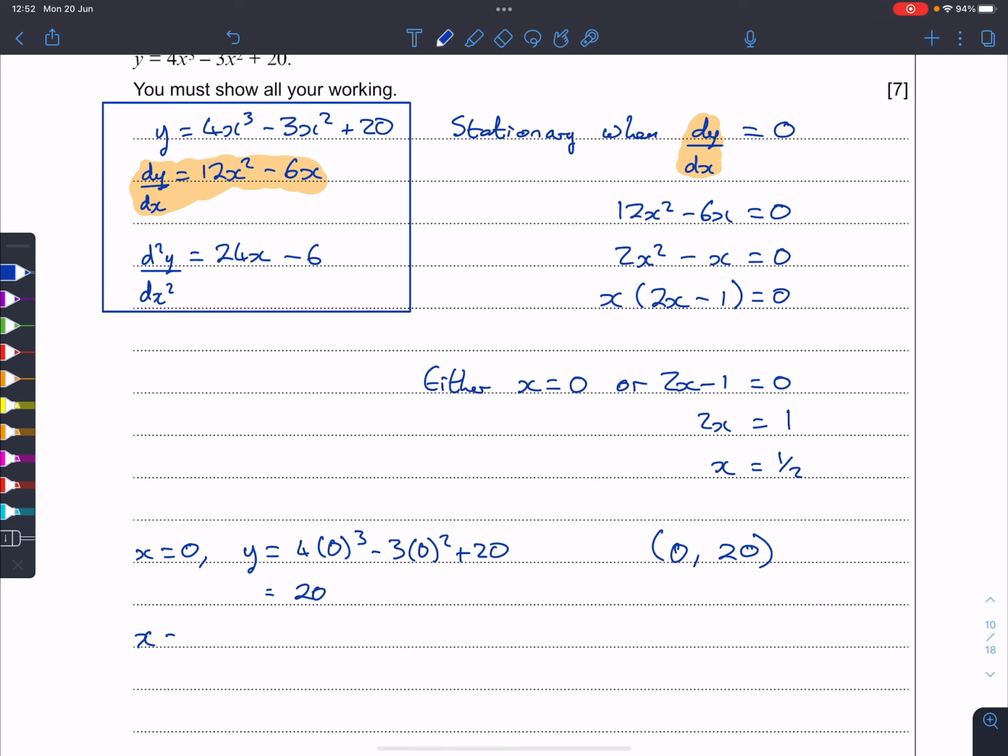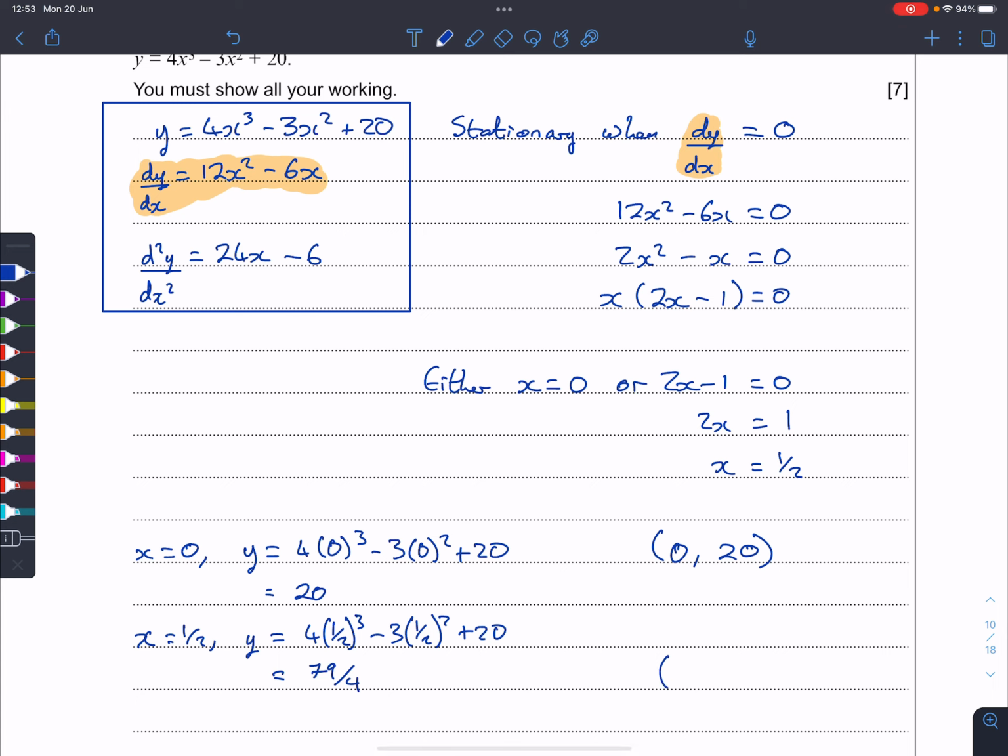And then when x is a half, my y is going to be 4 lots of a half cubed minus 3 lots of a half squared plus 20. So I'm going to turn to my calculator for this one. I get 79 over 4.